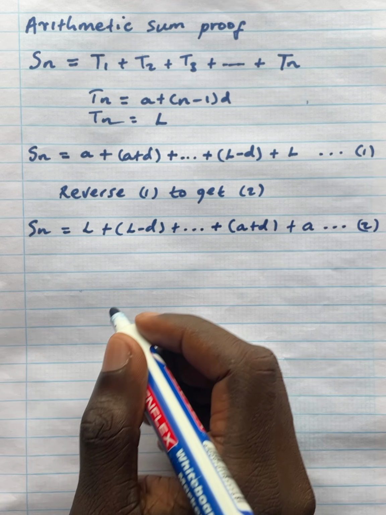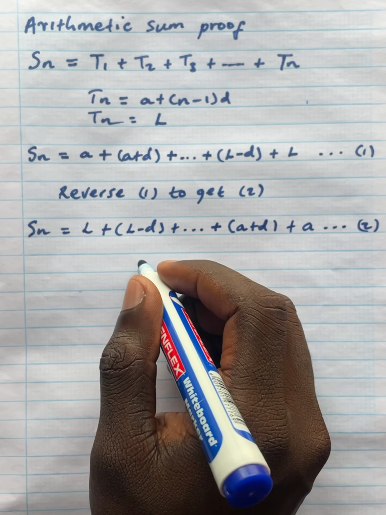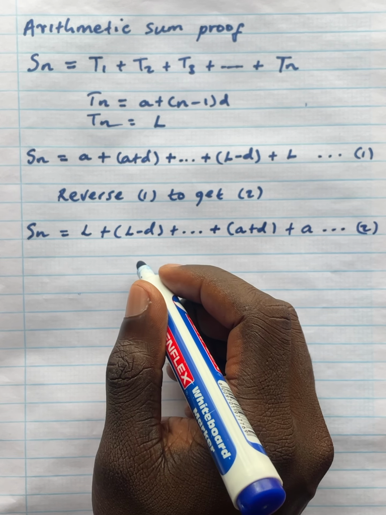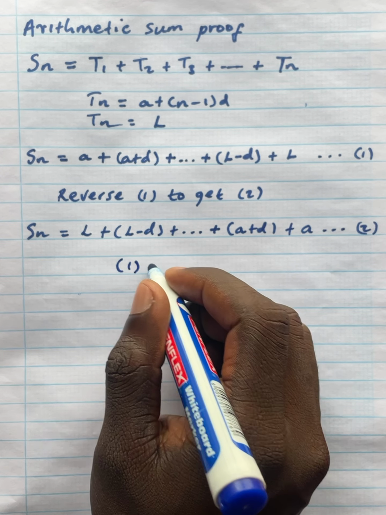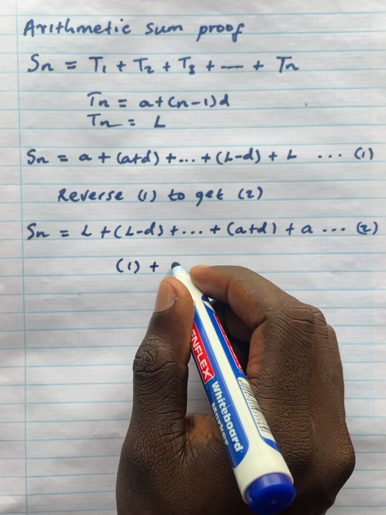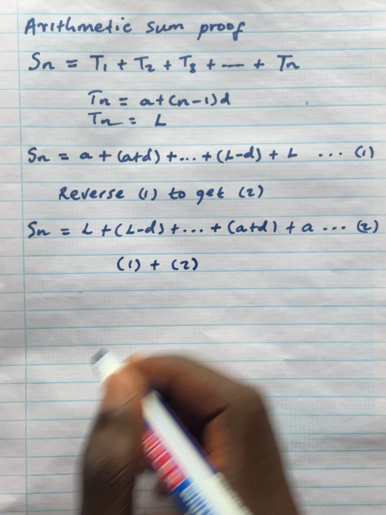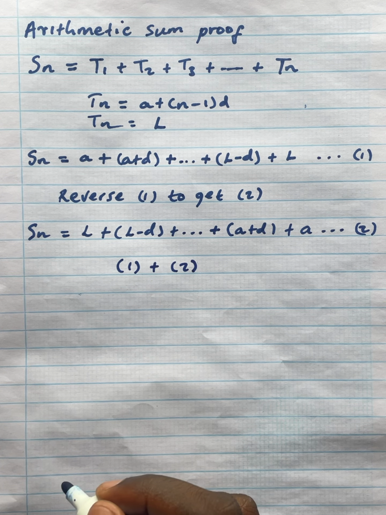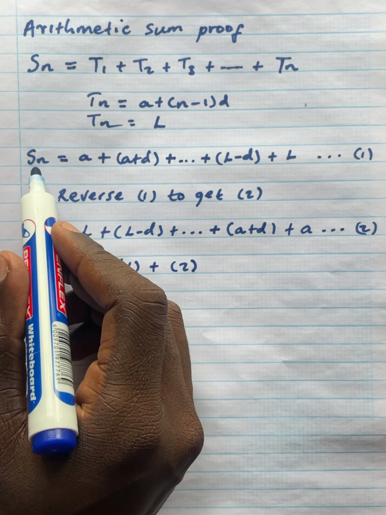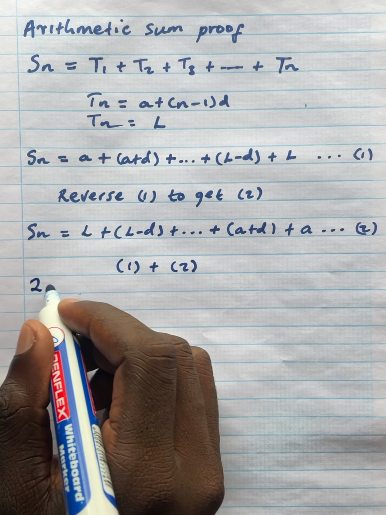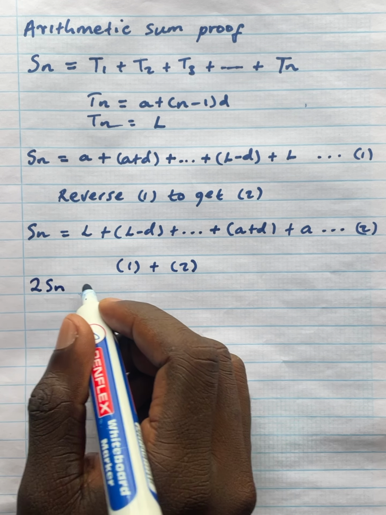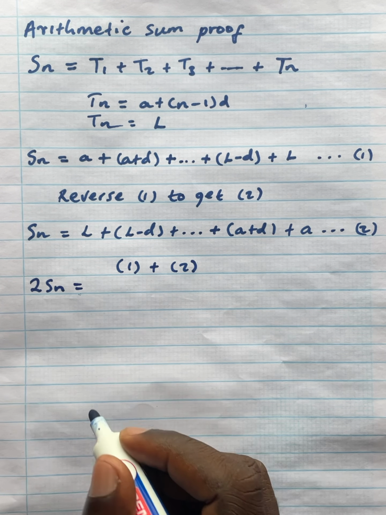And then we're now going to say this, equation number 1 plus equation number 2. We're going to add these two equations. So once you add equation number 1 and equation number 2, you're going to say S of n plus S of n. That's going to give you 2 S of n equal to.